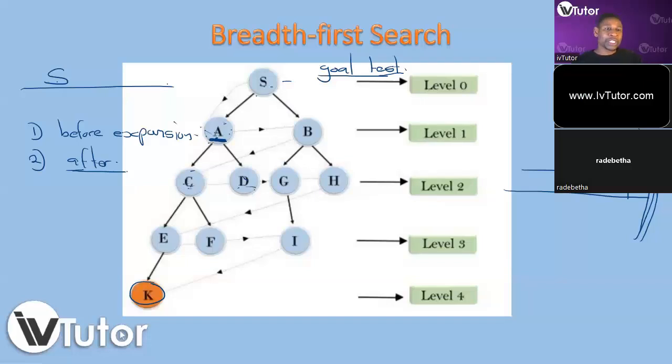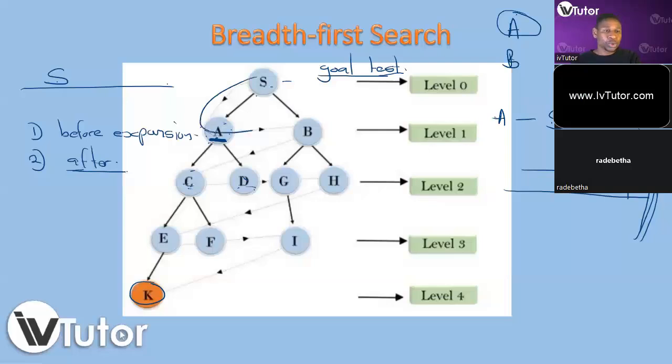What happens is you start with S, it goes to the frontier, you expand S, it goes to your solution set, and then you now have A and B in the frontier. A got into the queue first, so you expand A, and A goes into the solution space.